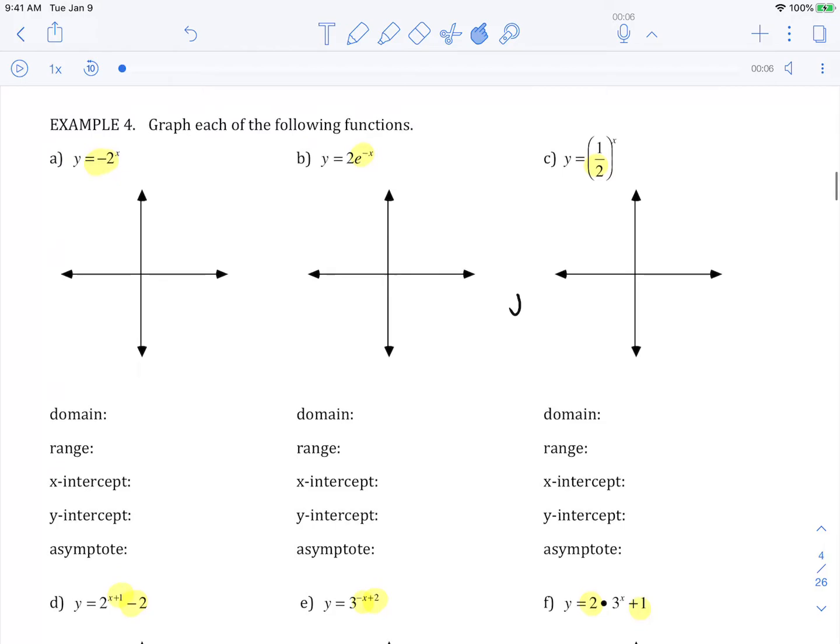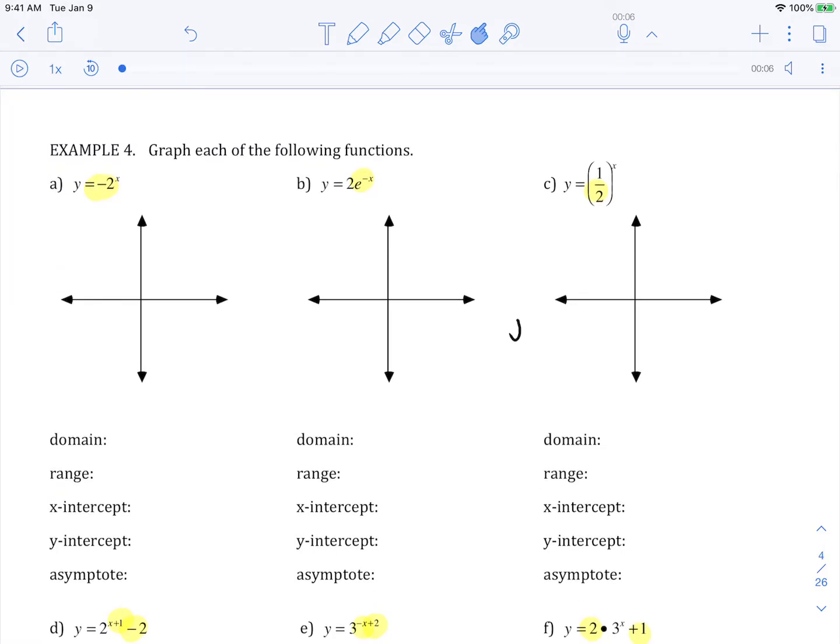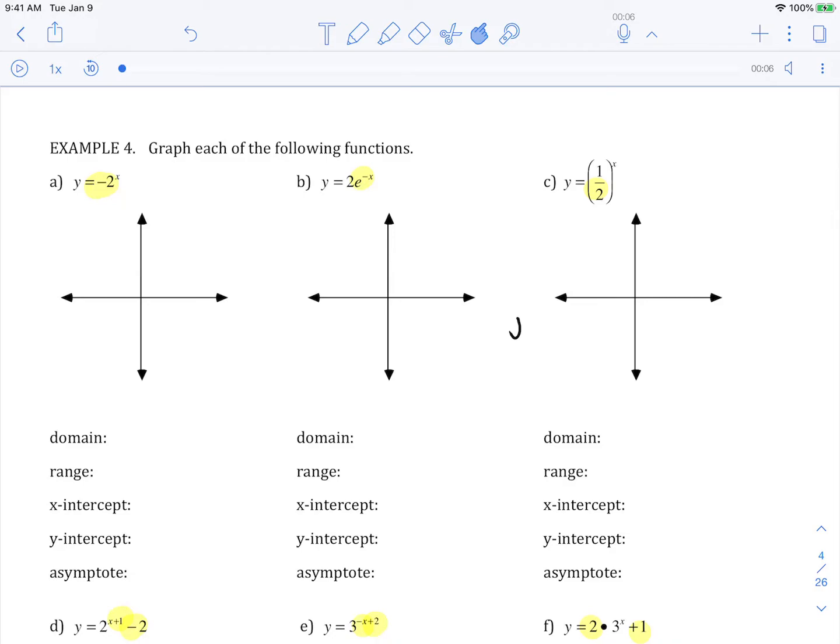So if this looks very intimidating to you, especially because I'm not with you guys or you can't get help during seminar, don't worry. You could put all this stuff in your graphing calculator. But make sure, though, that you use your prior knowledge of shifts and translations and reflections to help answer these questions down here: domain and range, x-intercepts, y-intercepts, all that good stuff. So, basically, you use your graphing calculator and get a feel for what this graph looks like.